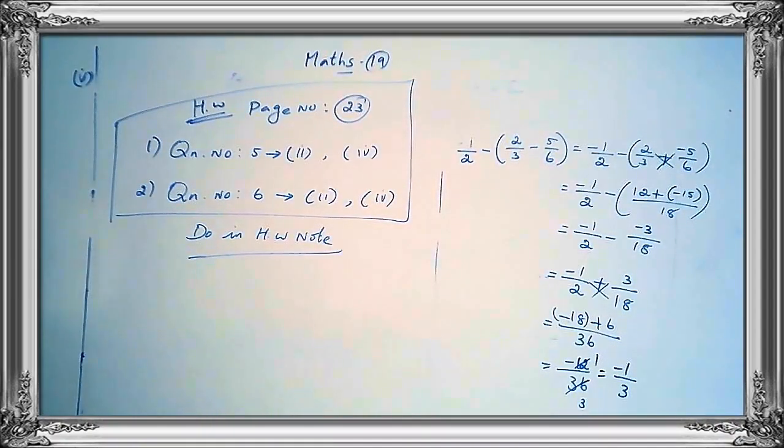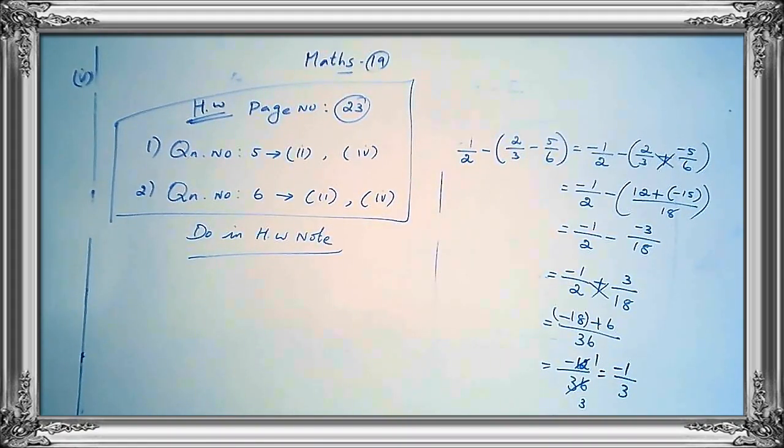Children, all of you take your book, page number 23, in exercise 1.4, question number 5. In question number 5, you note the homework question: the second and fourth one.